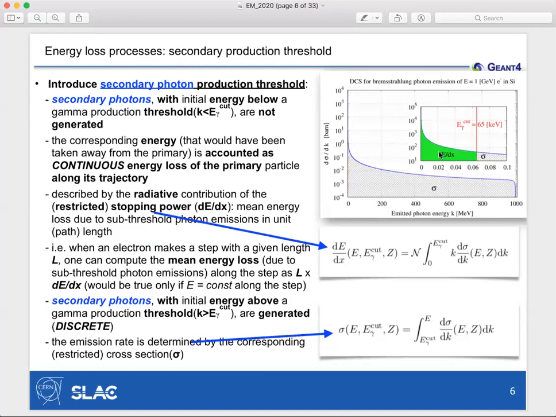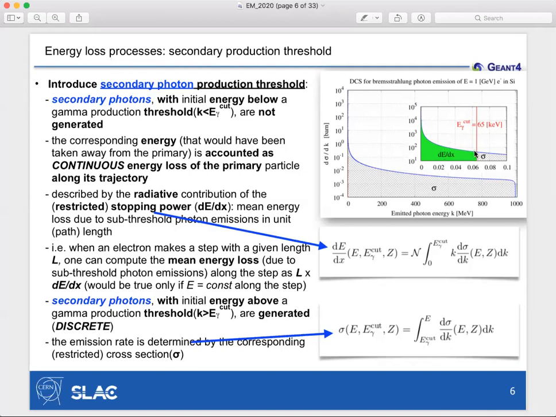We compute a mean energy loss value per unit step length, and we account for the energy loss caused by these unsimulated subthreshold photon emissions by this mean energy loss value along the step.